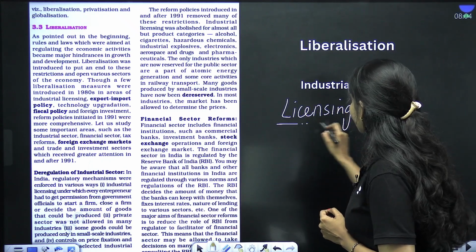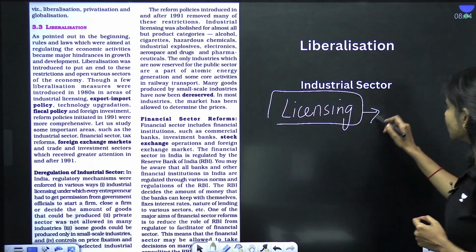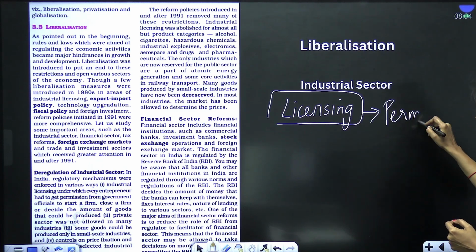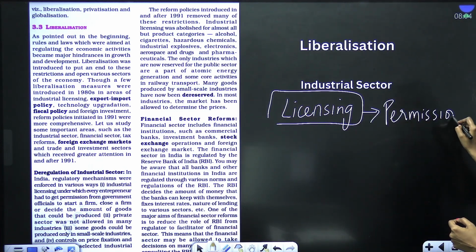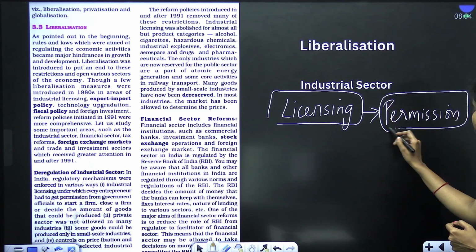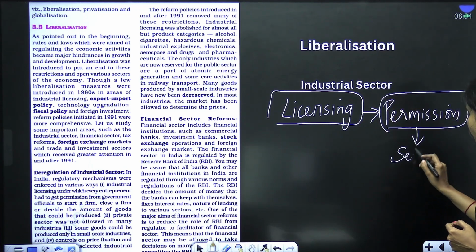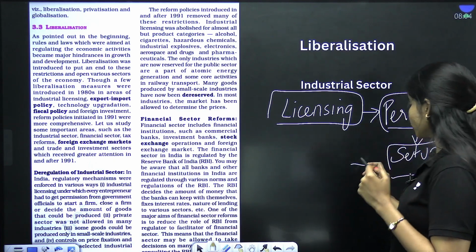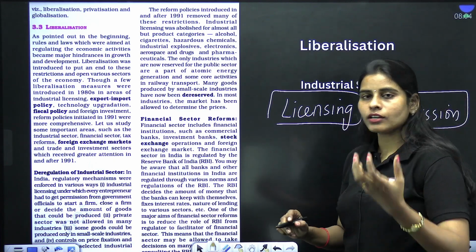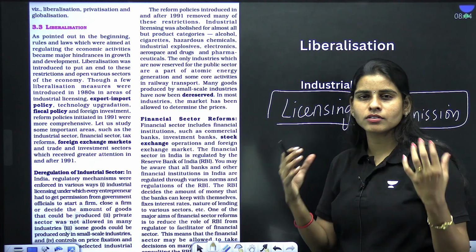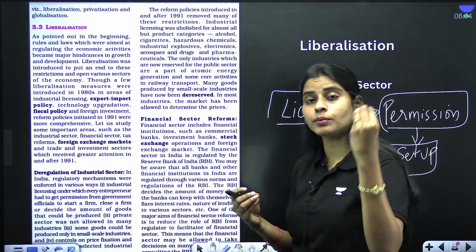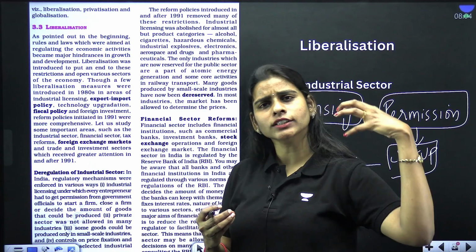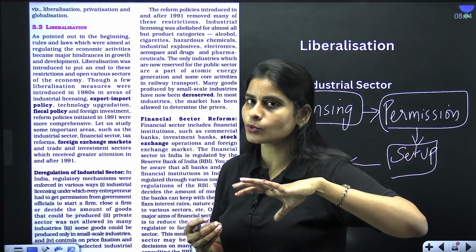So it is a kind of system that will enable you to get permission from the government, if at all you are a private player, to set up industries. It is not just for setting up of industries but also for deciding how much amount of goods and services have to be produced and what would be the prices that it can have. So all these kinds of upper limitations were also set up.